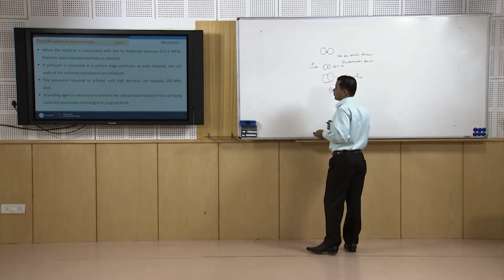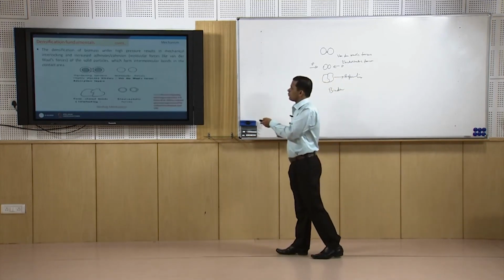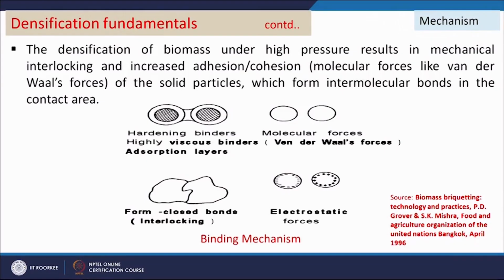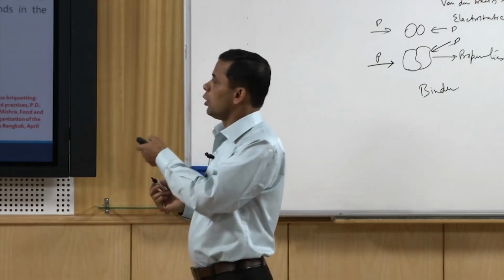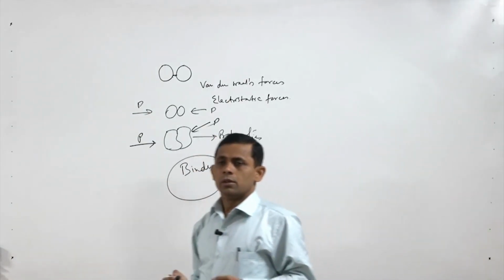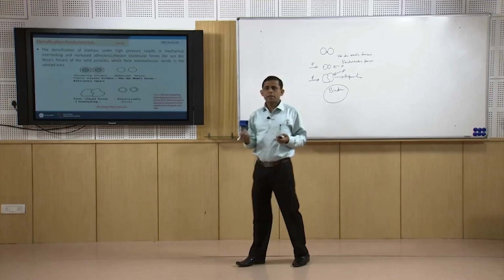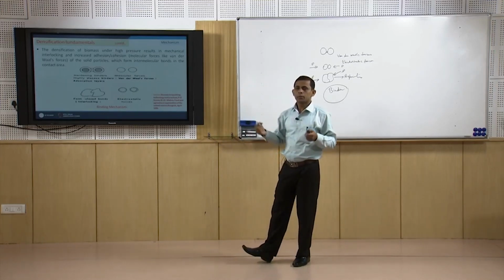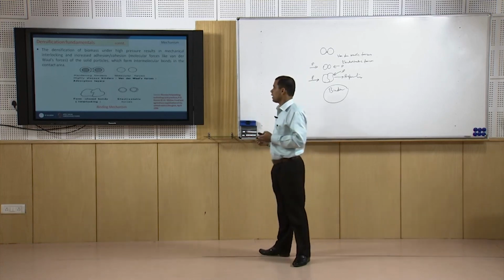So, for the production of briquettes, we need to put high pressure so that the particles will come closer and be interlocked, or we can add some binders. Some materials require a binder, but for some materials, if we apply high pressure, a binder is not required.